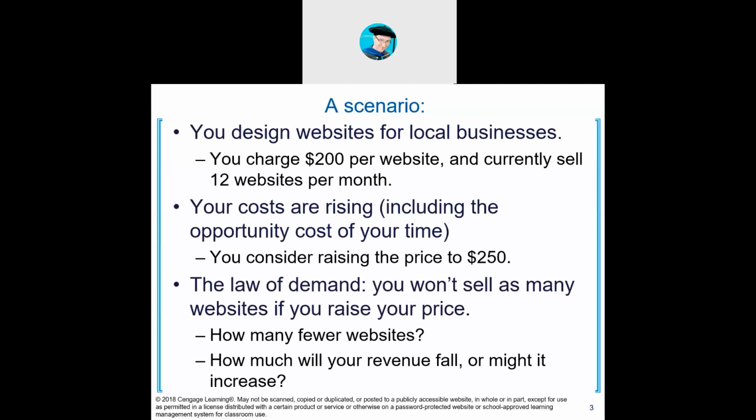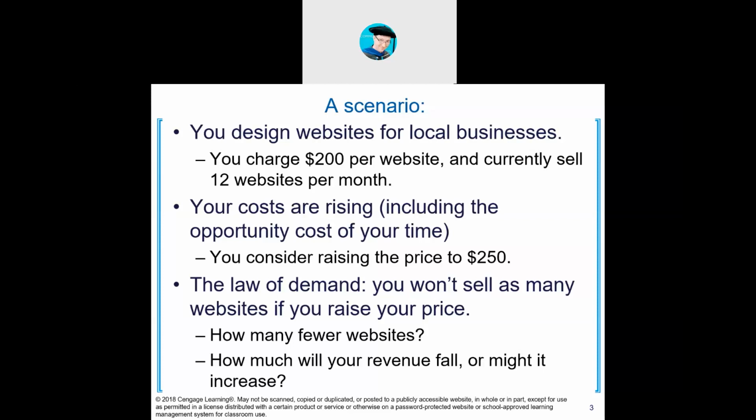Here's a scenario which I found kind of interesting. Let's say you design websites for local businesses. That's your business. You're a website designer, okay? You charge $200 per website design, and you design about 12 websites a month.